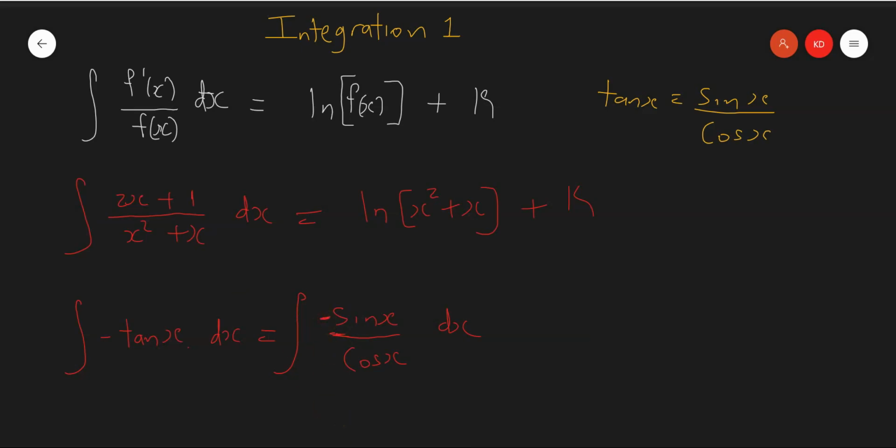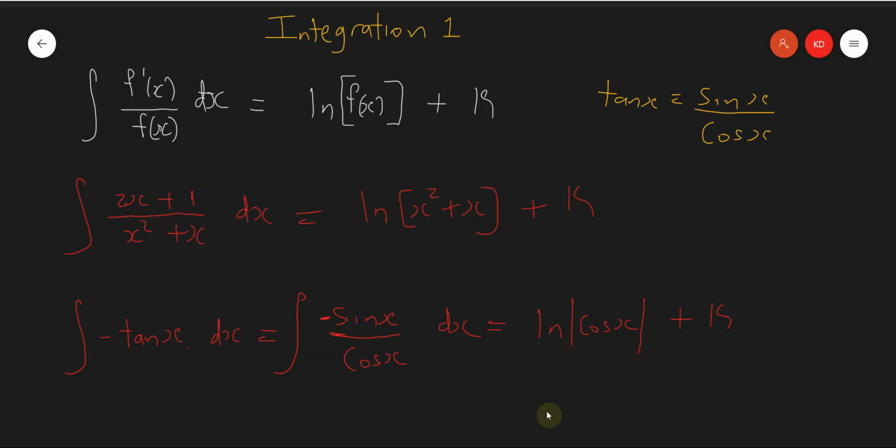Good. And as I said, if you differentiate cos x, you get negative sine x. Now since we have negative sine x in the numerator, then we can confirm that the numerator is the derivative of the denominator. Hence the integral is simply ln cos x plus k.